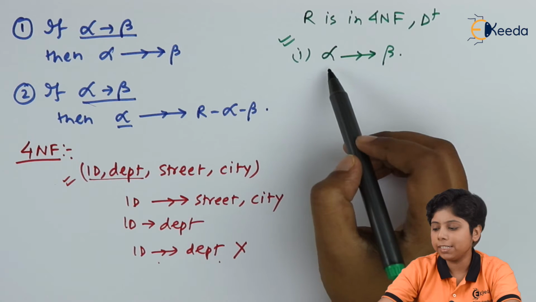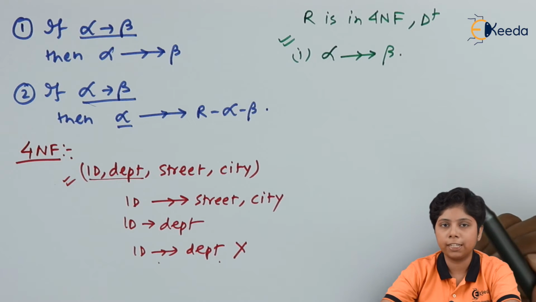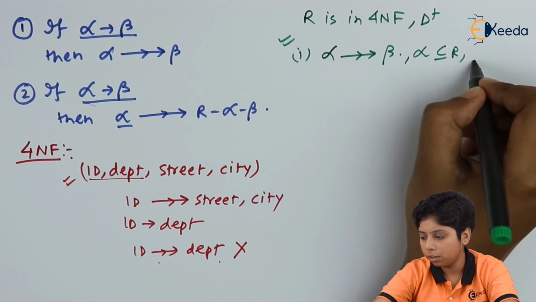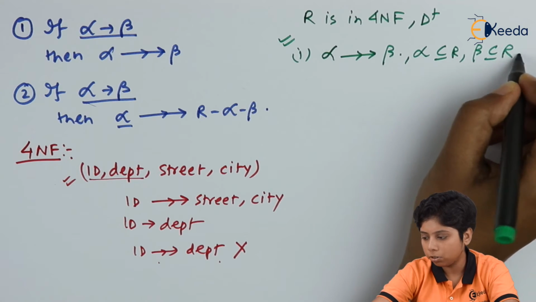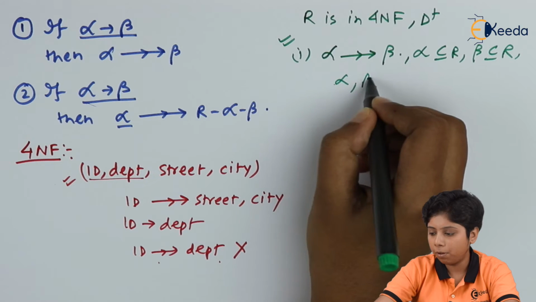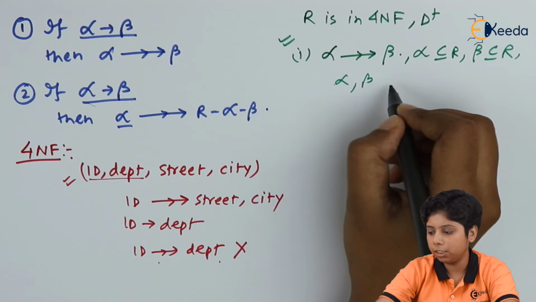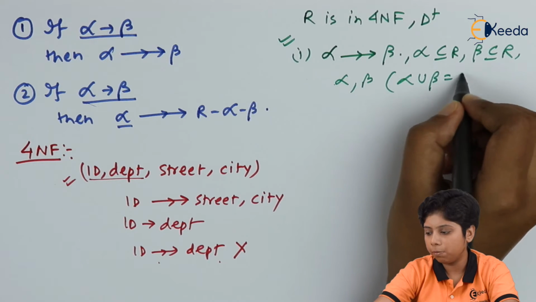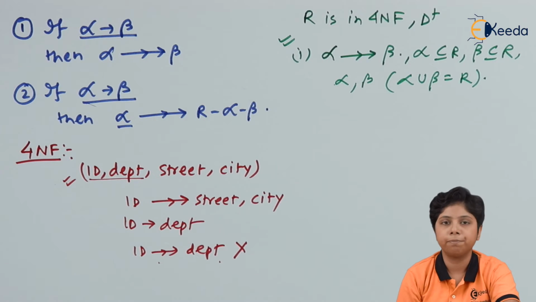So the first one is alpha multivalued beta. Then we can say that alpha belongs to R, beta belongs to R, and the alpha beta combination gives us with this rule that alpha union beta will be equal to R.